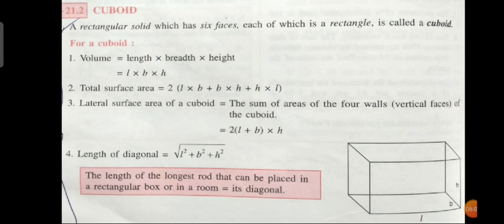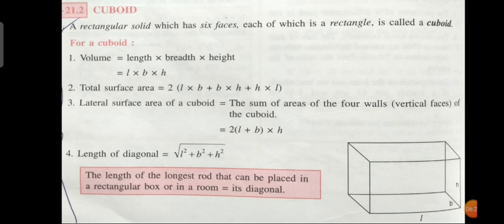Okay, and next is the three-dimensional figure cuboid. A cuboid is a rectangular solid which has six faces, and each face is in the shape of a rectangle.